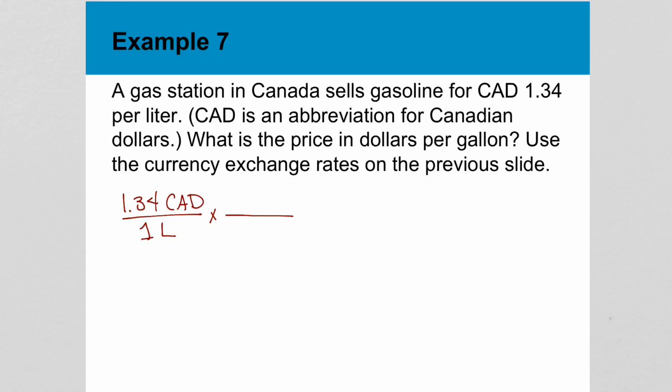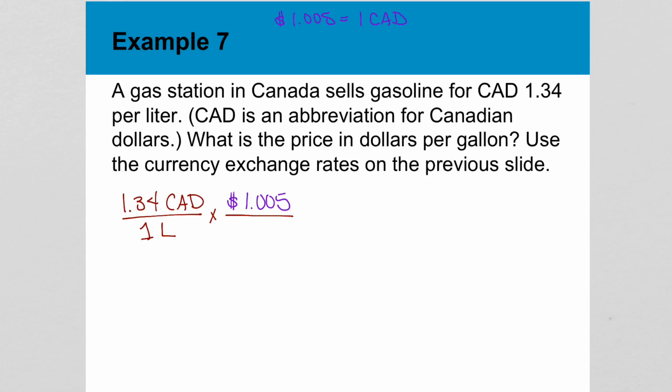So the first thing we want to do is change Canadian dollars to American dollars. And we know that 1.005 American dollars, I'll write this up here, is equal to 1 Canadian dollar.